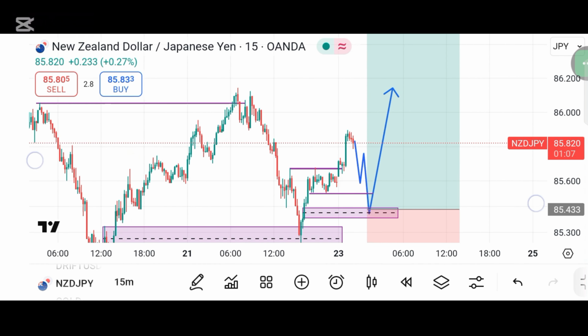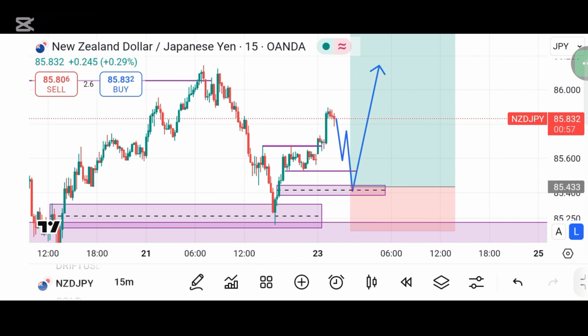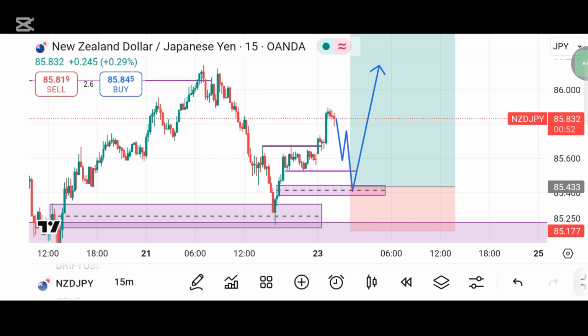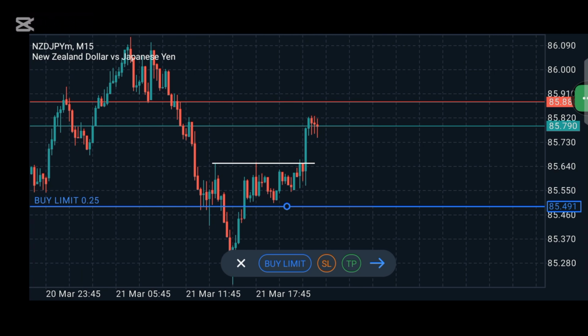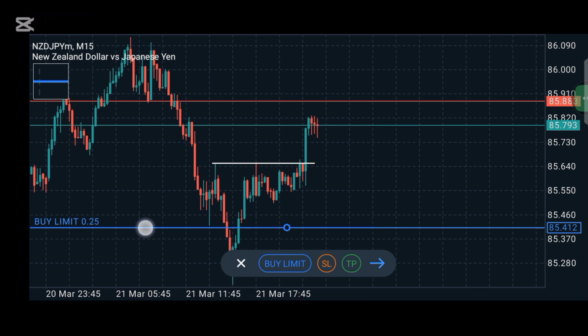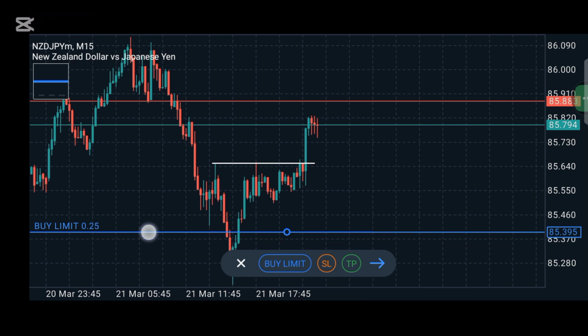So let's go to MT5 to set the limit order. Our limit order is going to be at 85.433. I think it's way higher than here, 85.4.